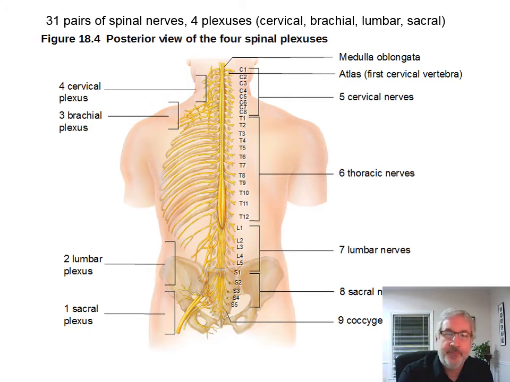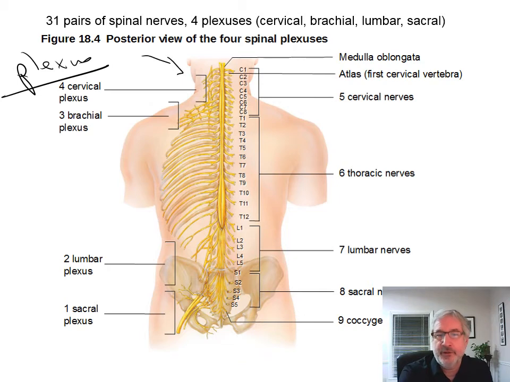Let's look at the plexuses on the left side. Those are shown here, and so you can see this in this region. We'll look at the cervical plexus up here. You can see how those nerves come together, and then they leave each other again.